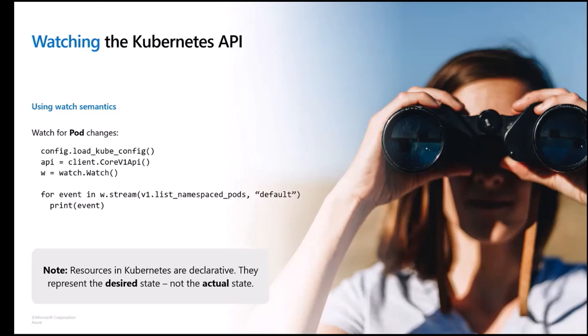Now, without a watch API, I would resort to polling. I would poll that API and say, is it running yet? Is it running yet? Is it running yet? And when it returns and says, yep, I'm running, that's when we return success back to our user. The problem with that is it's heavy. It uses a lot of HTTP connections, it's memory intensive, and it's complexity that we can do without.